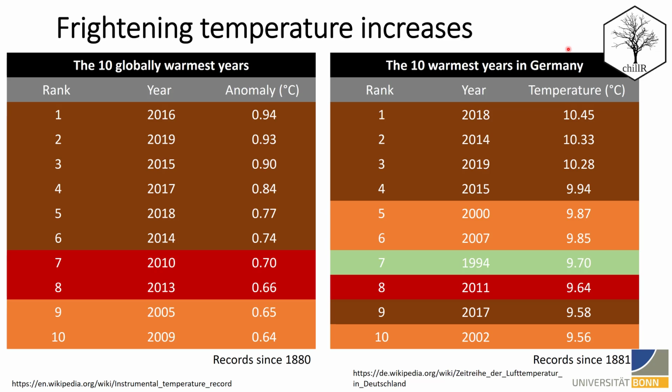Then we have 2014, 2015, also among the top 4. And except that one year, 1994, all the other years here occurred in this century, so since 2000. So also here we see a striking accumulation of really warm years in the last 2 decades.